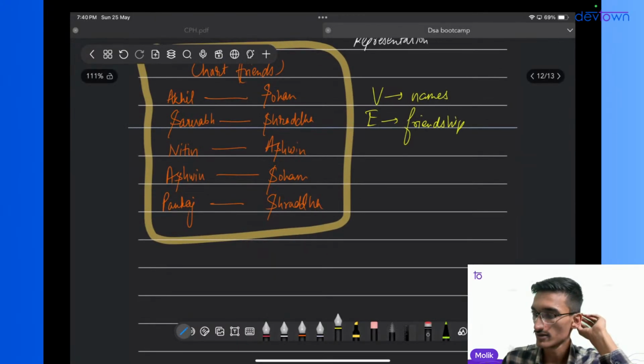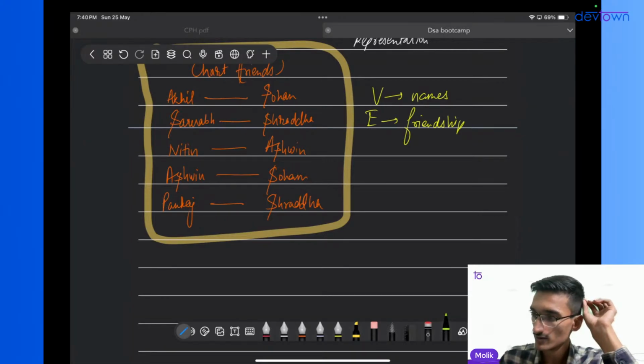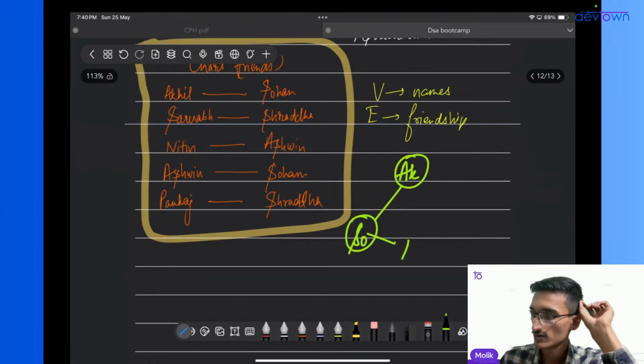If I have to convert it into a graph, I can simply do: Akhil is friends with Soham, and then Soham is friends with Ashwin.